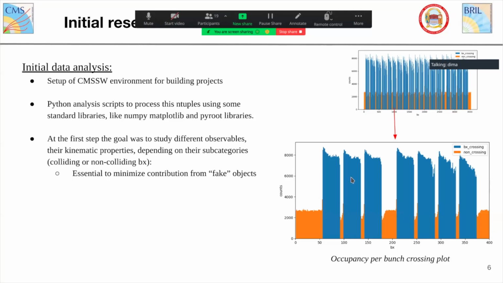They consist of bunches, and when bunches cross, we have collisions, and otherwise there should be flat space. However, as we can see here, we have a lot of noise between places where bunches collide. This noise obstructs our observation, and the first task was to filter noise somehow.